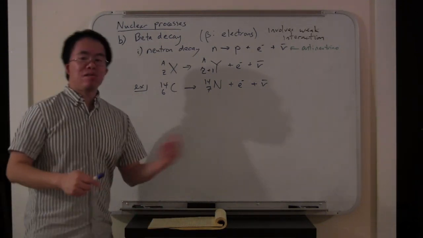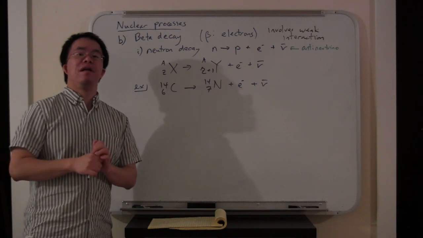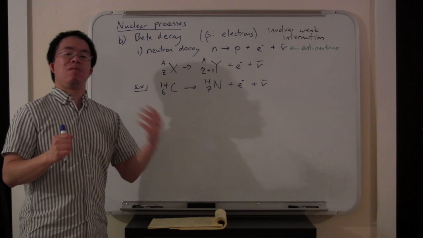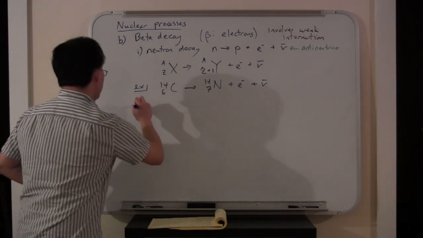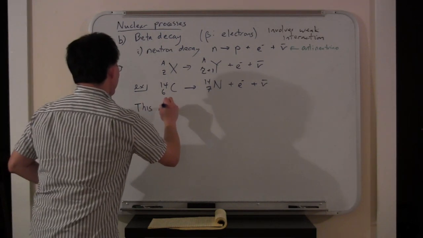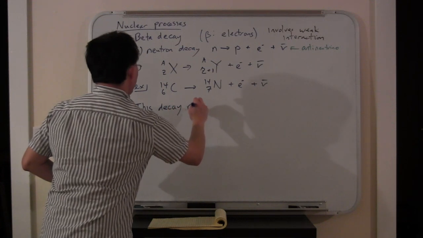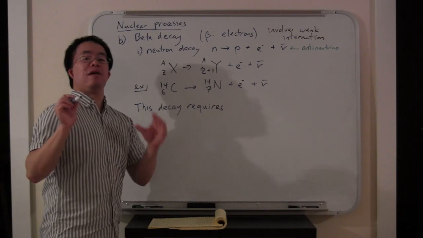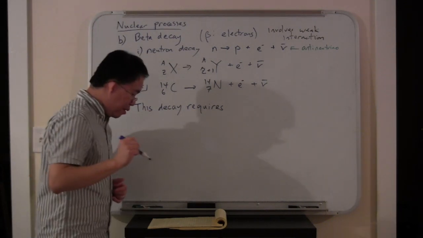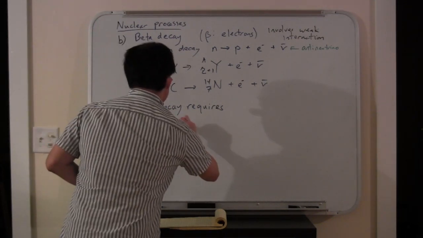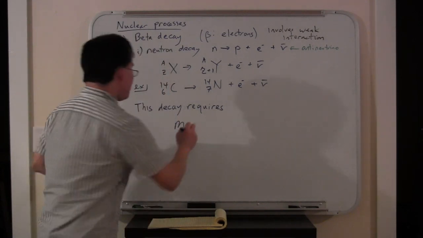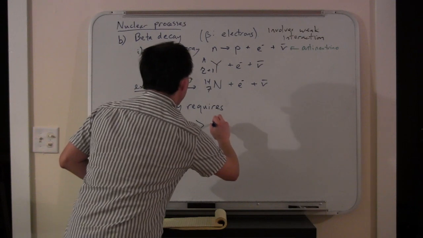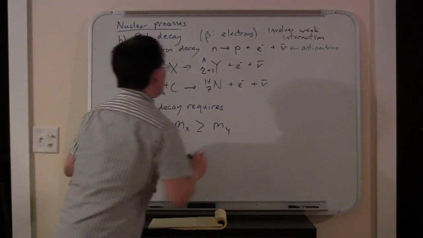We can once again use conservation of energy to set a limit on what is possible. This decay requires the following statement to hold true about the atomic masses. It requires the atomic mass of the parent to be greater than or equal to the atomic mass of the daughter.